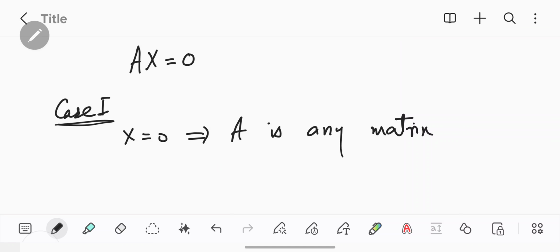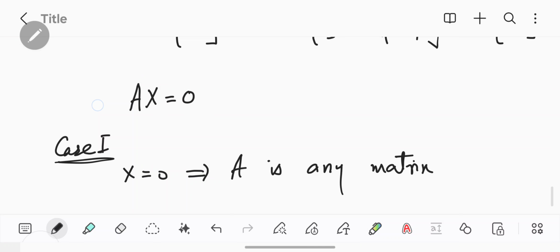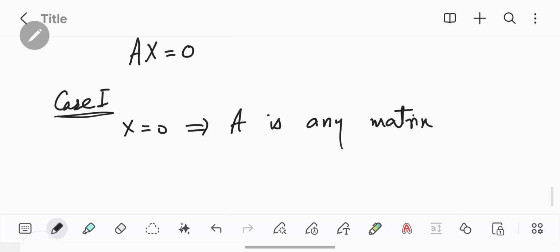If A is any matrix, that means in particular we can take a matrix whose determinant is not equal to 0.